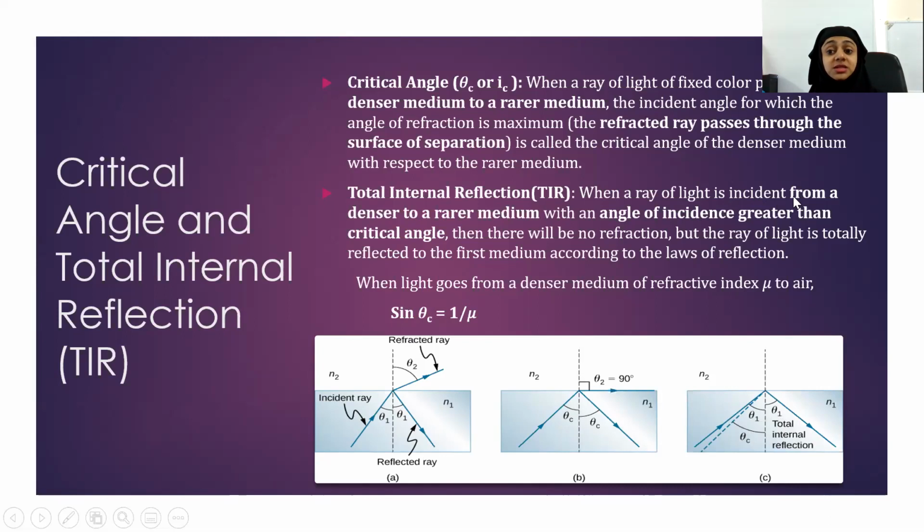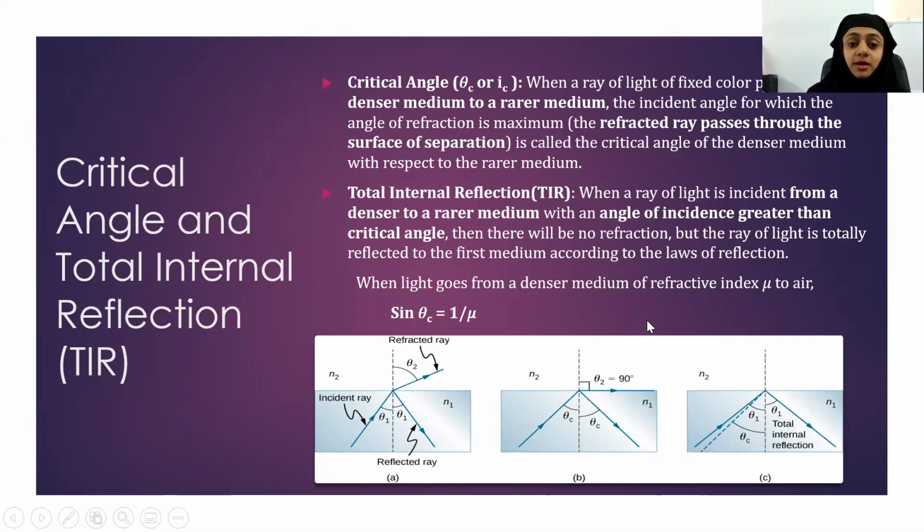When a ray of light is incident from a denser to a rarer medium, as you can see here, with an angle of incidence greater than critical angle, then there will be no refraction. But the ray of light is totally reflected back to the first medium according to the laws of reflection, which means the angle of incidence will be equal to the angle of reflection.